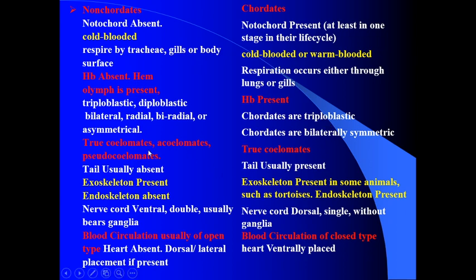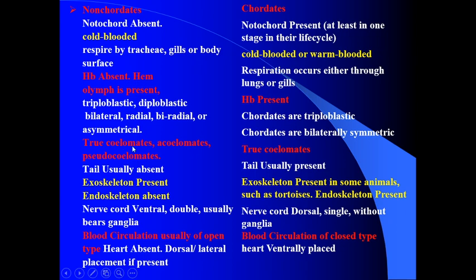In case of non-chordates, there are different types of symmetry observed in the animals. It may be bilateral symmetry, radial symmetry, biradial symmetry, or some non-chordates are asymmetrical. But in case of chordates, they are bilaterally symmetrical animals. Now about the body cavity, coelom or body cavity. In case of non-chordates, the true body cavity or true coelom may be present.